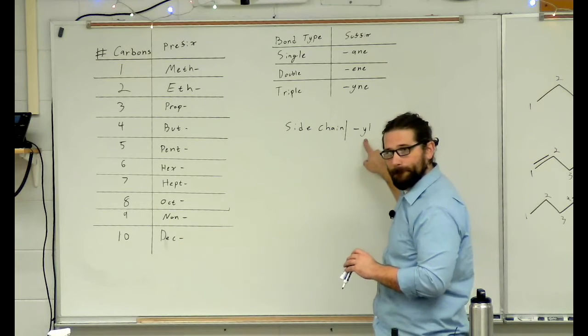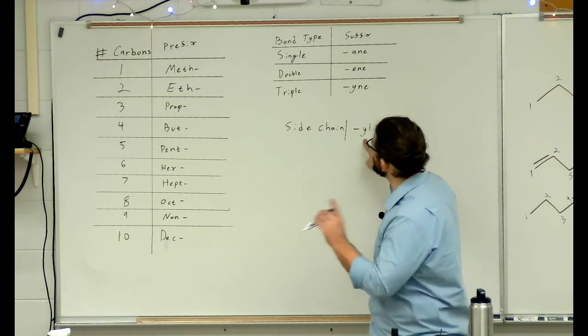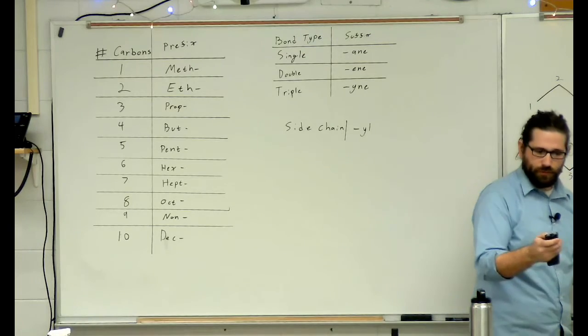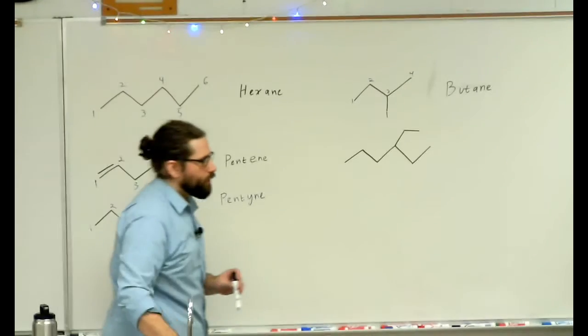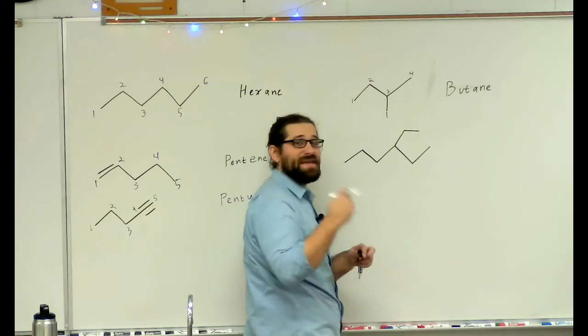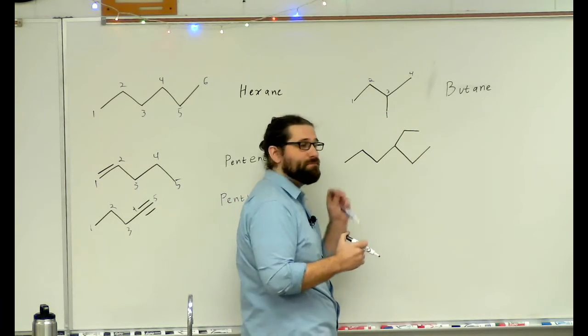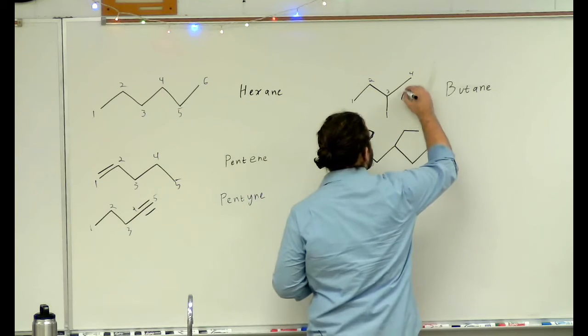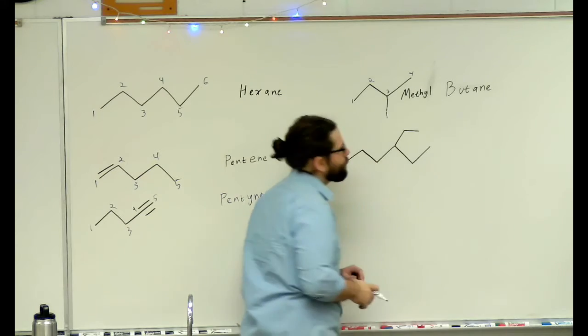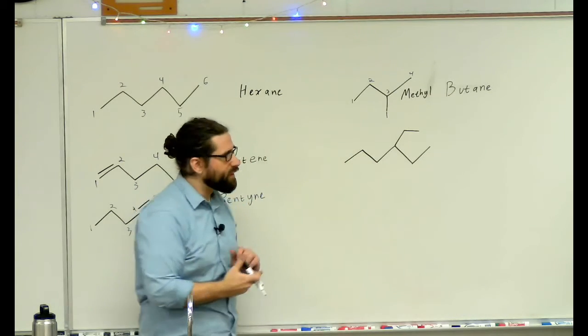Okay? Now, there's one more layer of complexity, but let's just start with this. So we end it with a "yl." So let's go back. So since I've got 1 for my carbon, it's going to be a meth, and since it's a side chain, I say methyl. So it's going to be methylbutane. Let's try the same thing with the next one.